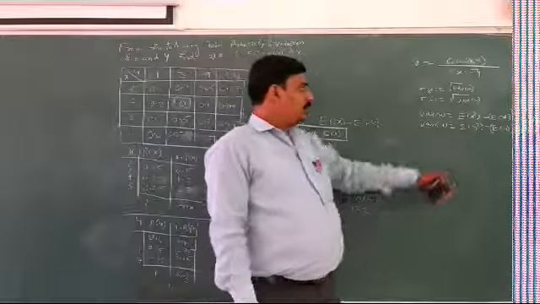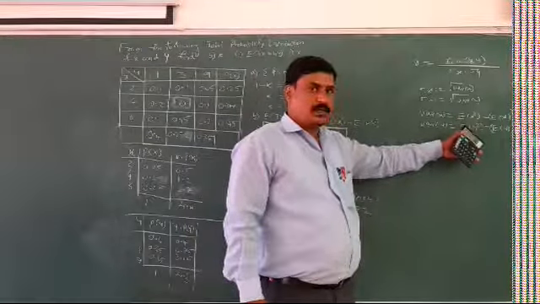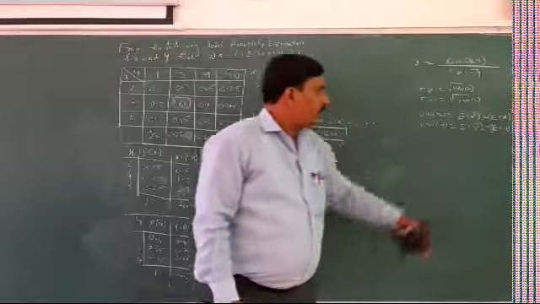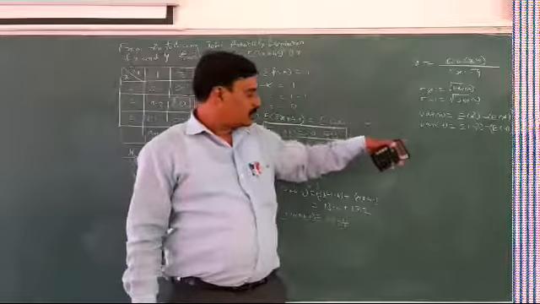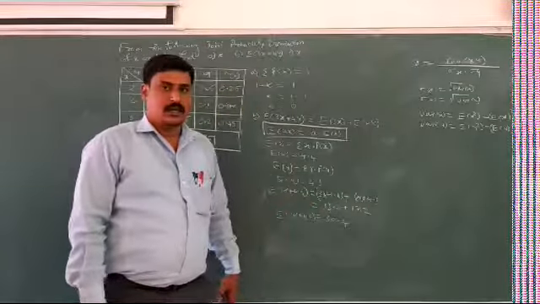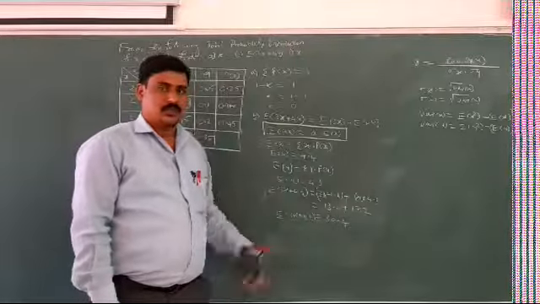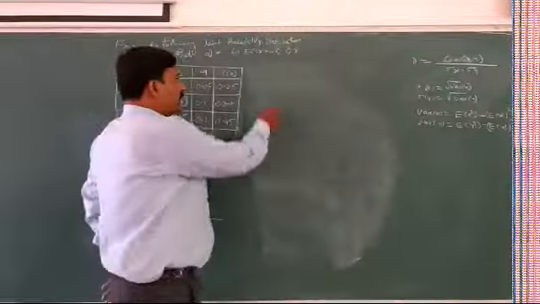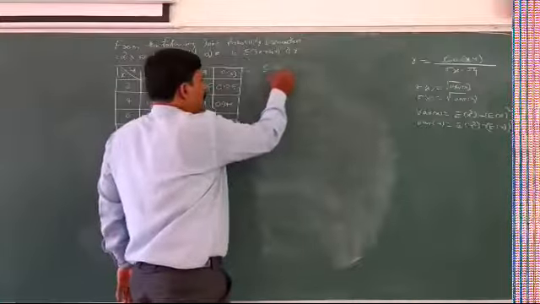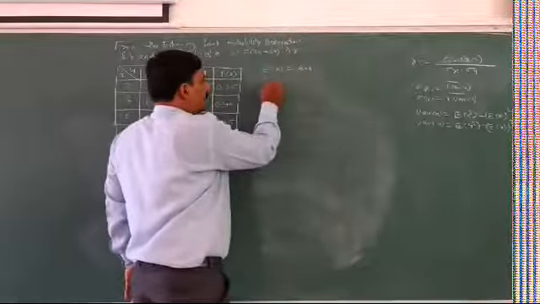Now we have to calculate expectation of x square and expectation of y square. We have already calculated expectation of x, 4.4, and expectation of y, 4.3. So let us calculate the remaining values.